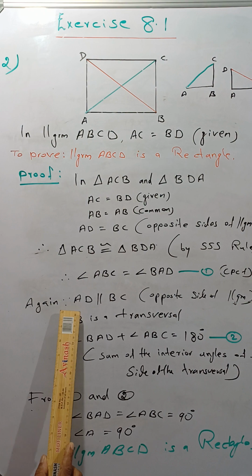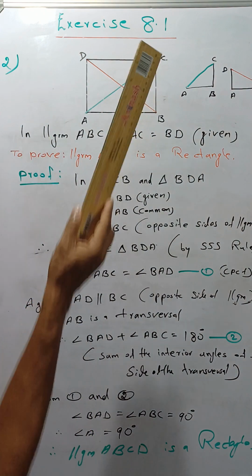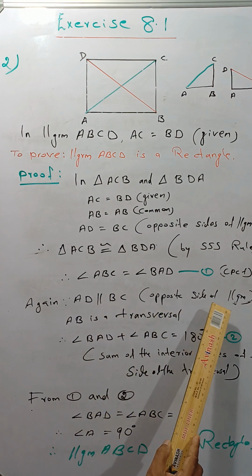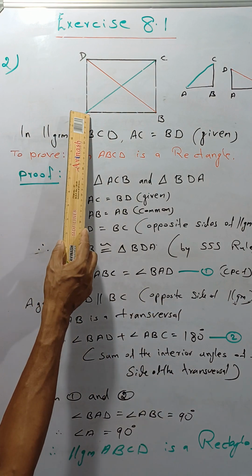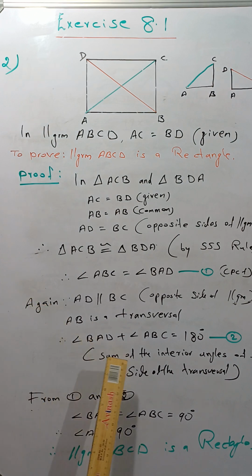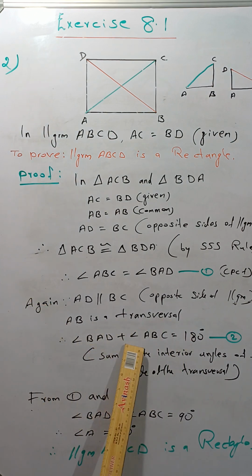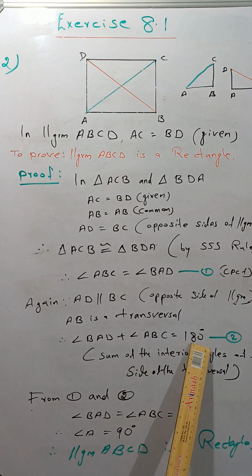Again we are taking that AD is parallel to BC, opposite sides of the parallelogram. And AB is a transversal. If we take this AB as the transversal line, angle BAD plus angle ABC is equal to 180 degree.